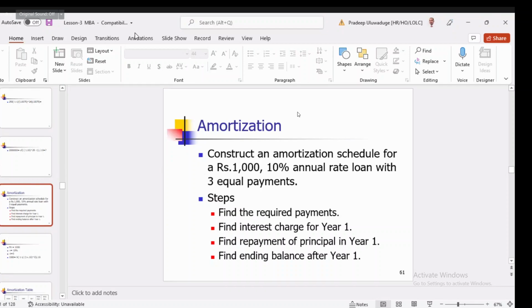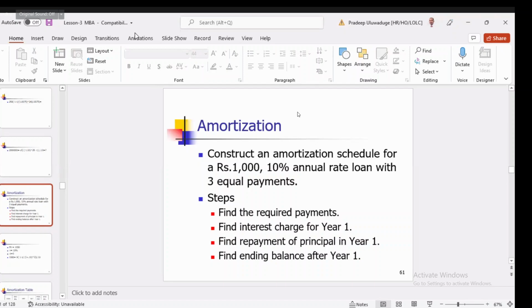And then we learned about the most common patterns of cash flows that we come across in investments. That is a single cash flow, multiple uneven cash flow, and annuities. And then we learned how to calculate present value and future value in all these three types of cash flows. So annuities and perpetuities.